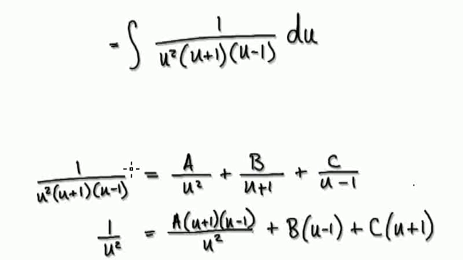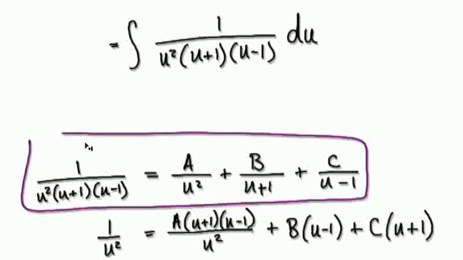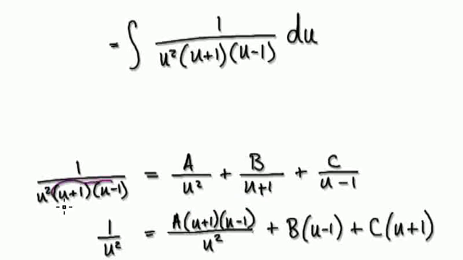So to find a, b, and c, times both sides by, times everything by this thing here. Okay, so currently we are here. Now in your mind, times everything by this thing here. So times top and bottom by u plus 1 times u minus 1.